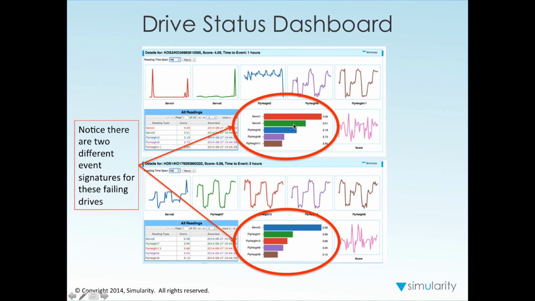For example, servo 5 is important up in the top one, but you see that the shape of the sensor readings prior to the failure are very different. But in this case, both of these drives failed, and we were accurately able to predict the event signature and the failure for both of these drives, even though what the sensor readings look like prior to the failure were very different for each of those drives.